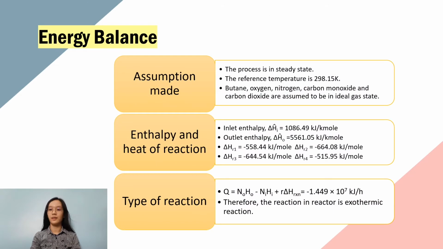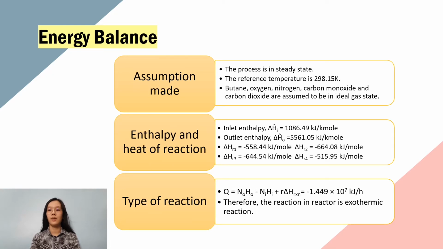For the energy balance, there are a few assumptions made. The first assumption is that the process is in steady state, and the reference temperature is 298.15 Kelvin. Next, the gas is assumed to be an ideal gas.